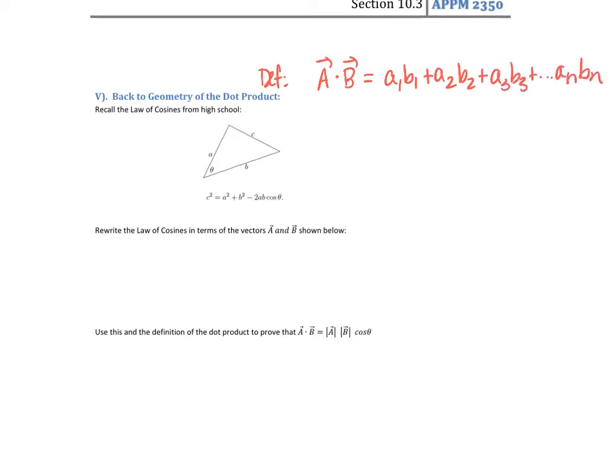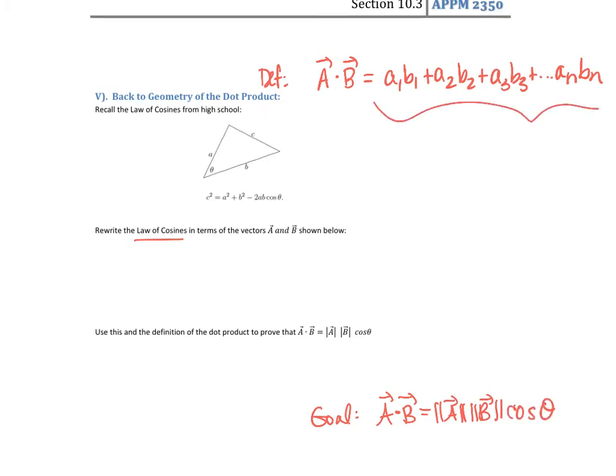And then from this definition, using the law of cosines, we'll end up being able to prove this is also equivalent. So our goal is to show that this is also equivalent to the geometric version that involves the cosine of the angle. Okay, so we're trying to get to there, assuming we start with this.